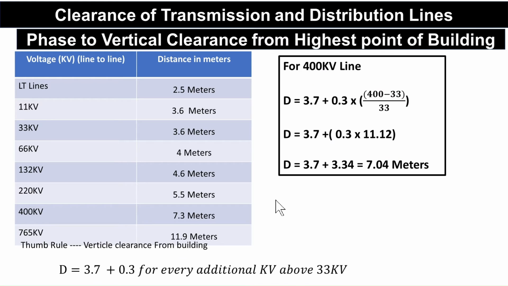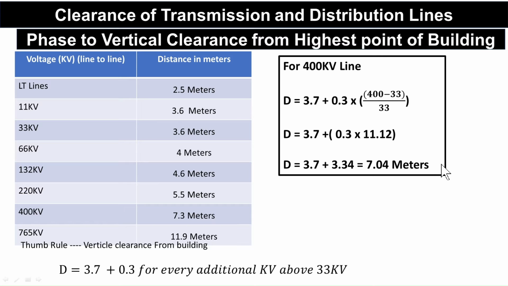For 400 kV line, D equals 3.7, that is the constant of the formula, plus 0.3 into (400, that is the line to line voltage, minus 33) divided by 33. It becomes D equals 3.7 plus 0.3 into 11.12, that equals D equals 3.7 plus 3.34, which equals 7.04 meters.